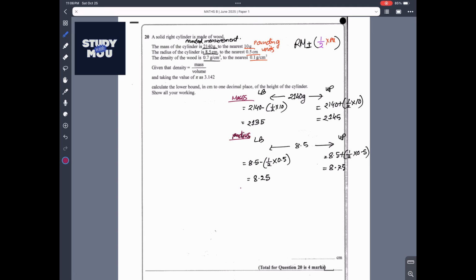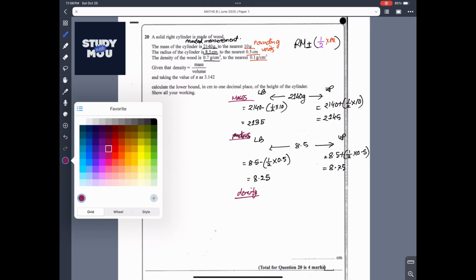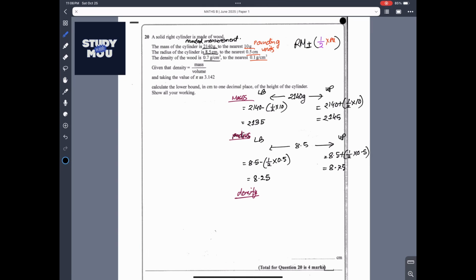This is our mass, and then we have our density. Okay, so for density, we write our rounding measurement 0.7. So lower bound and upper bound. 0.7 minus 1 by 2 multiply 0.1, and the answer is 0.65.